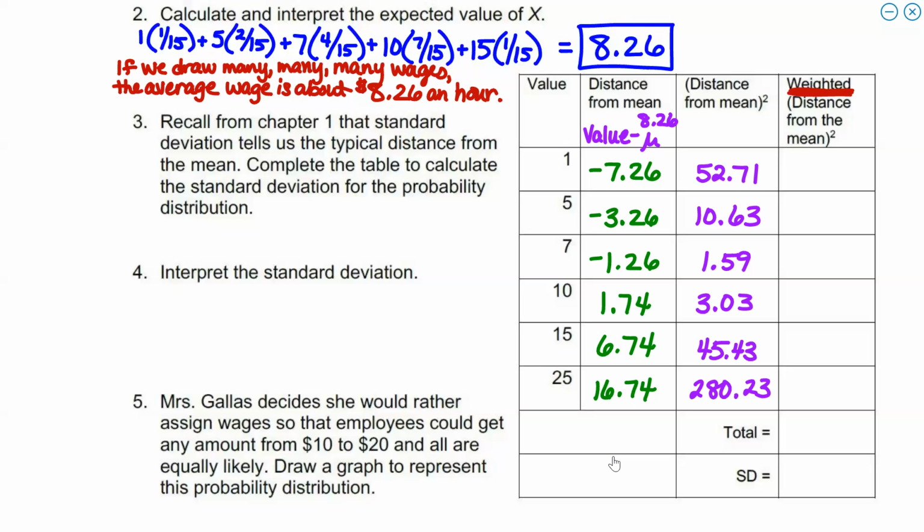What was the probability that somebody got a 1 here? 1 out of 15. So I'm going to take this 52.71 and I'm going to multiply it by 1 out of 15 to get this value. What would I multiply the next one by? 2 out of 15. So go ahead and calculate those all the way down. And then I want you to add them up and write that where it says total. You're just going to total up that very last column.